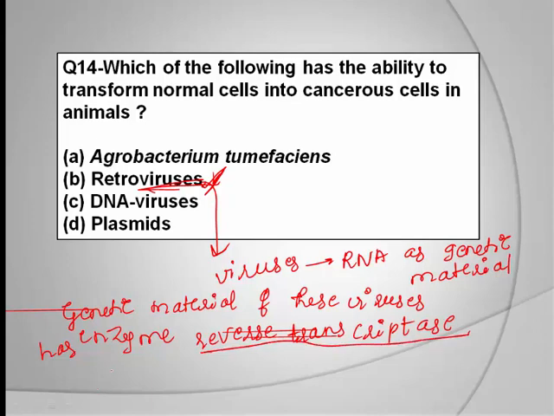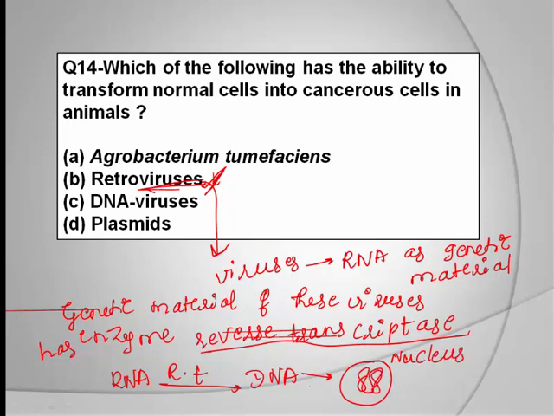So what is it doing? The genetic material is RNA. In the presence of reverse transcriptase, it synthesizes DNA. The retrovirus DNA enters into the nucleus of the host, and this DNA can express.